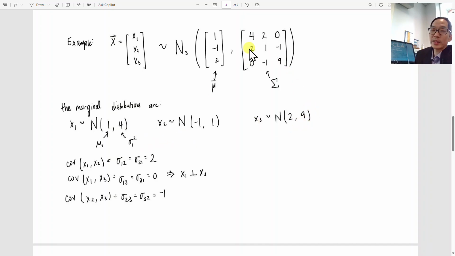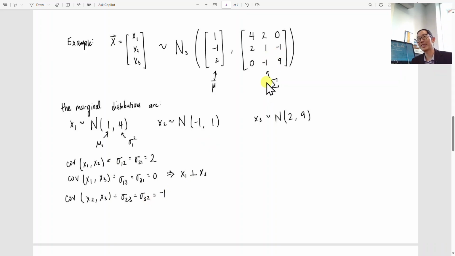And then you will have the covariance terms. The covariance between x1 and x2 is just this term. You have a covariance of 2. The covariance between x1 and x3 is 0, which means x1 and x3 are independent of each other. And the covariance between x2 and x3 is -1.